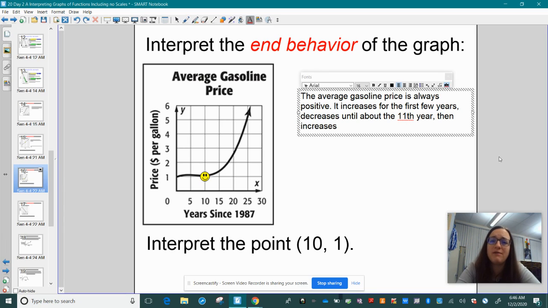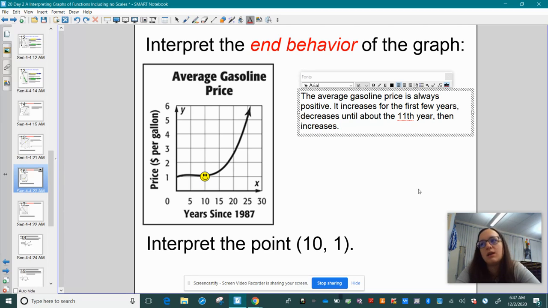I would put forever, but we don't really need to put that. So our 11th year is good. Increases, right? So we talk about the whole movement of the graph. I lost my mouse. Where did it go? There it is. So we started out and went up a little, and then went down a little, and then went all the way up. So that's kind of a fancy schmancy SBAC answer.